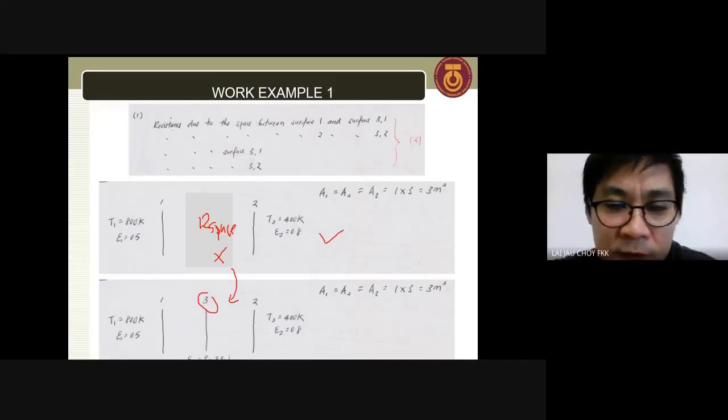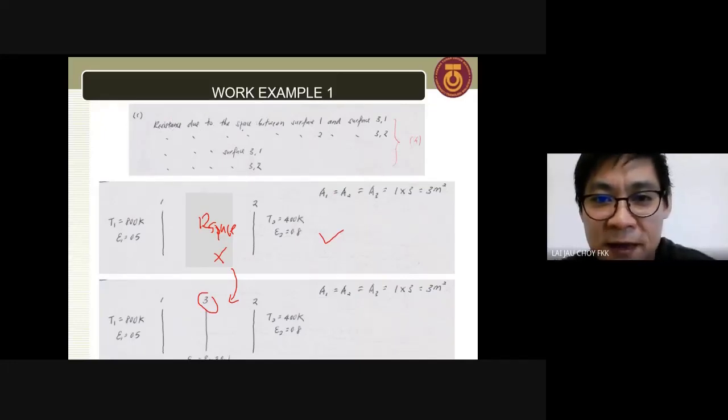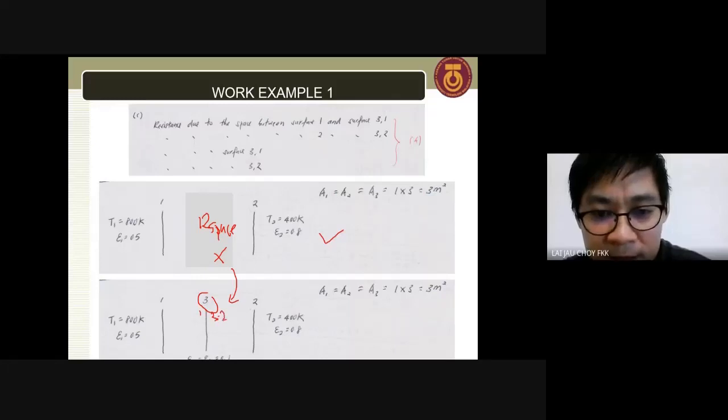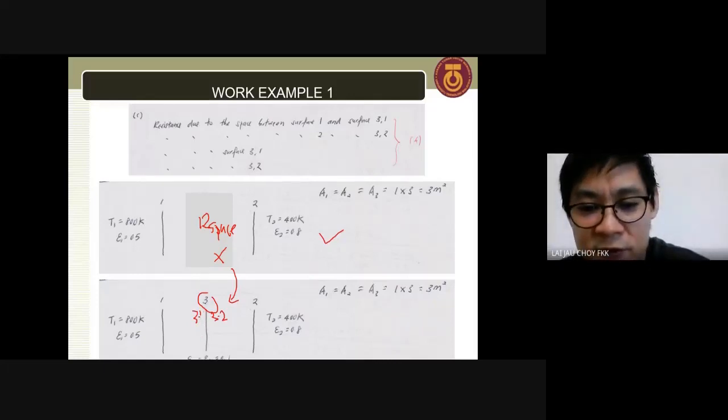One is resistance due to the space between surface 1 and surface 3. So this is surface 3, so you have surface 3,1 and surface 3,2. It is 3,1 because 3 is facing surface 1, and 3,2 because surface 3 is facing surface 2.